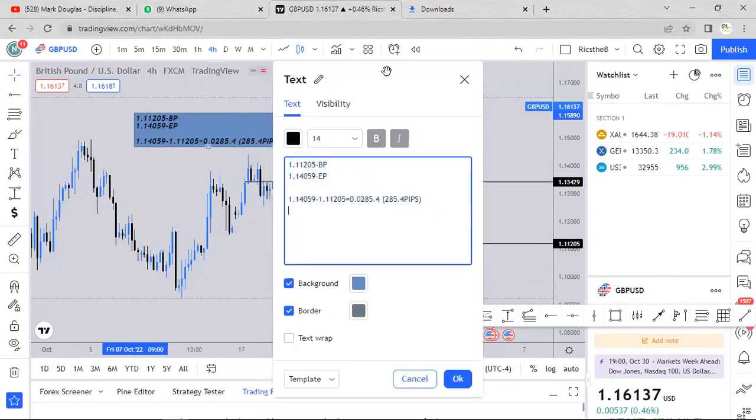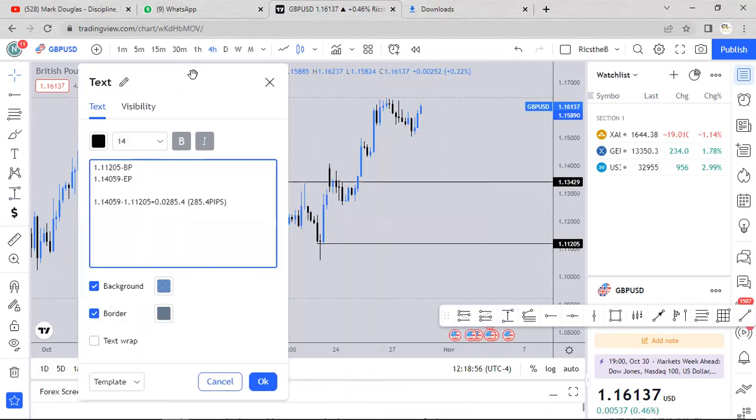So our entry price was 1.13429. That was the selling price. Then we exited at 1.11205. That was our exit price. So again, we're going to do the same mathematics.